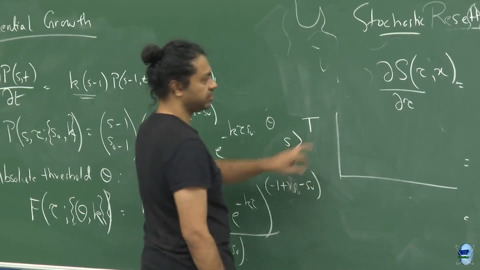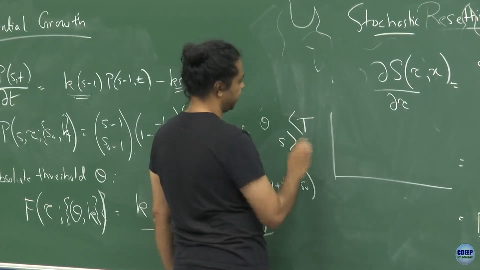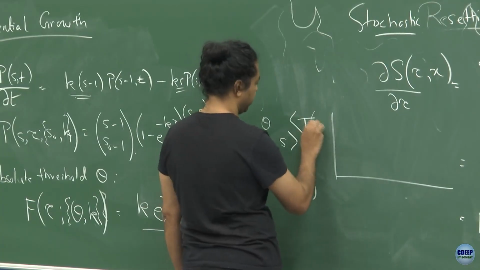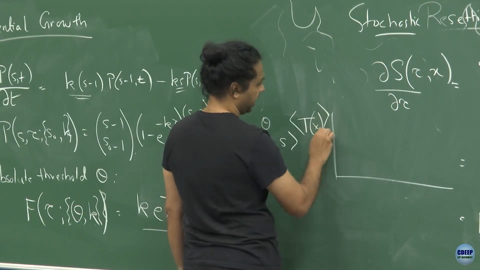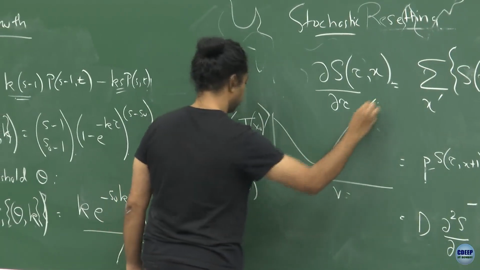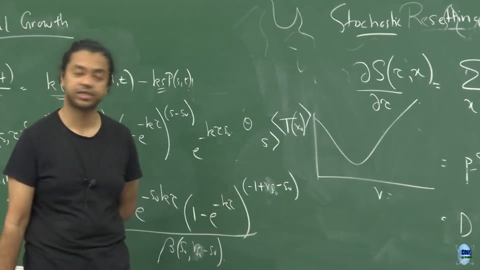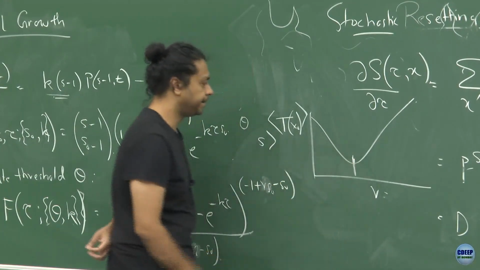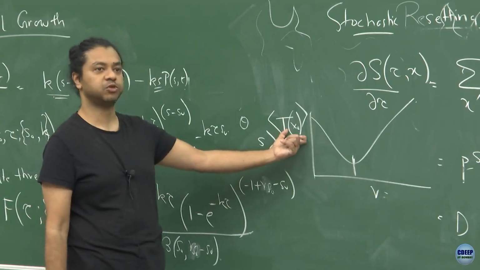You can plot the mean time taken to find this target starting from x naught as a function of this resetting rate. And what people showed is that you have some non-monotonicity, which means that there is some optimal reset rate where the search process is most efficient.